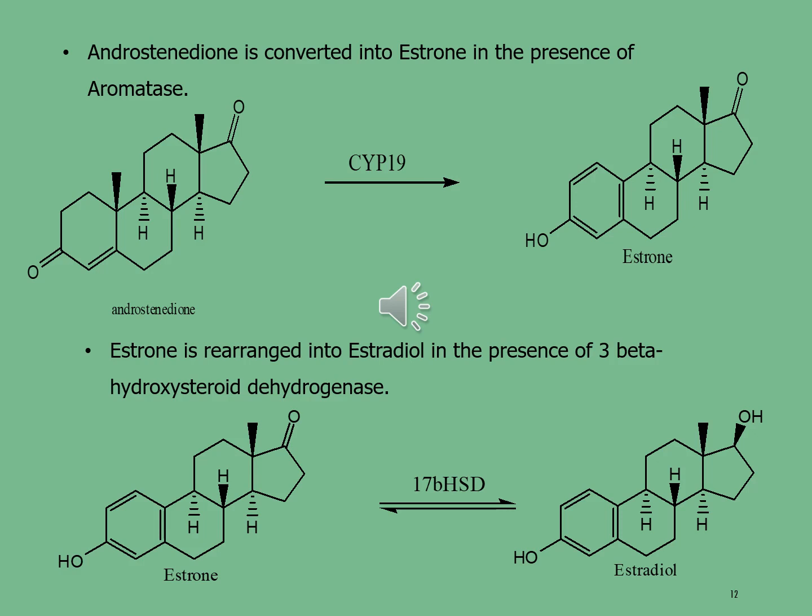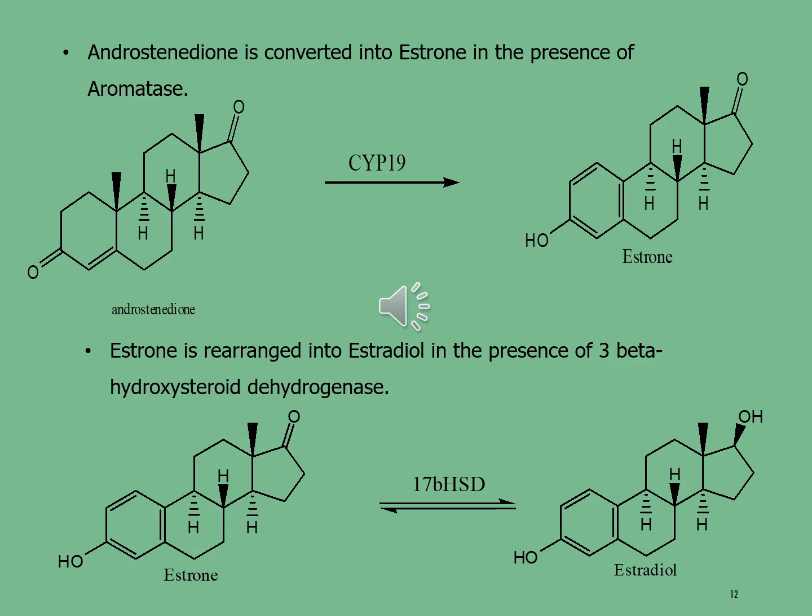In the third step, estrone is converted into estradiol in the presence of 17-beta hydroxysteroid dehydrogenase, which is abbreviated as 17-BHSD. The estrone, which has an aromatic ring in the steroidal structure, the first ring, which has the hydroxyl group at carbon 3 position and a carbonyl group at carbon 17 position, is converted into estradiol.